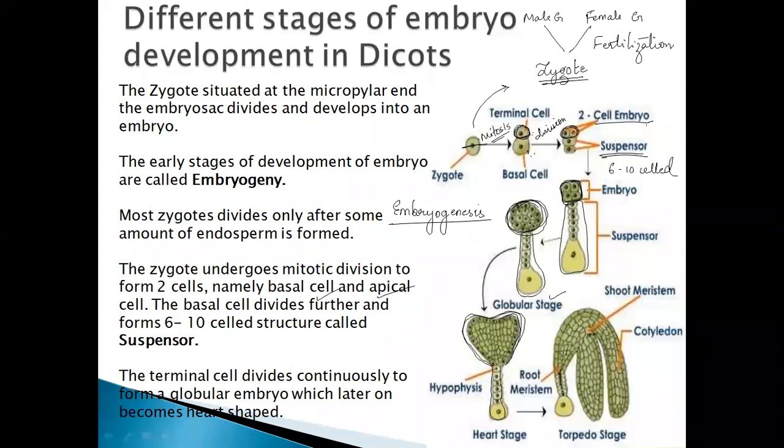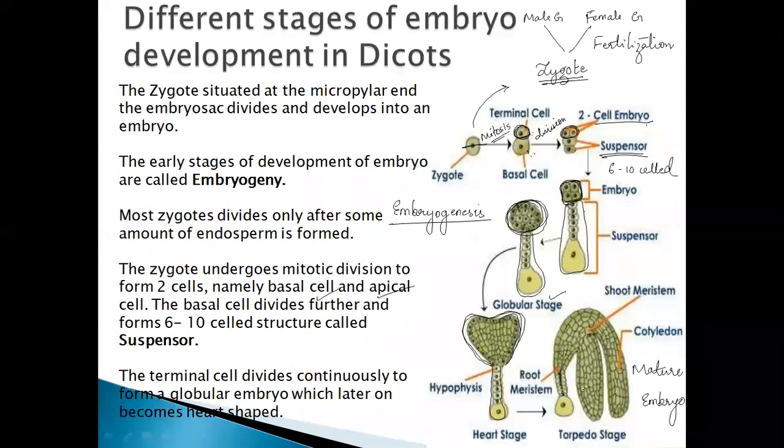Later, it formed the globular embryo along with the suspensor, and from the globular stage, it formed a heart-shaped embryo and the suspensor. After the heart shape, it further divides to form a mature embryo.